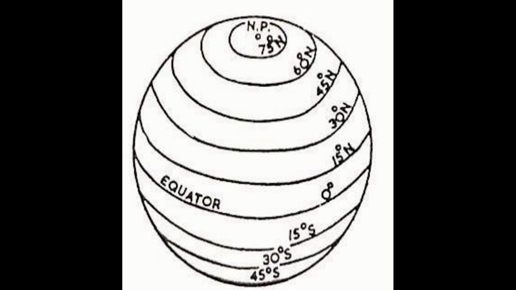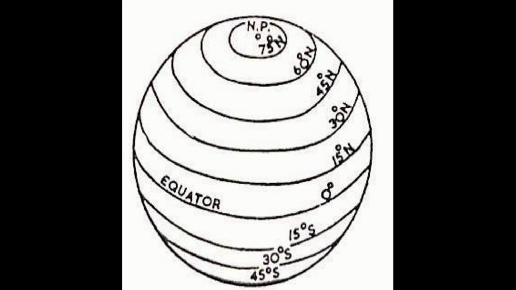As you come towards the south, towards the Tropic of Capricorn, the circle becomes smaller again. You come a little downward towards the Antarctic Circle, the circle becomes still smaller, and when you reach 90 degrees south, it is just a dot. It is not a circle, it is just a dot. 90 degree north and 90 degree south are just dots.